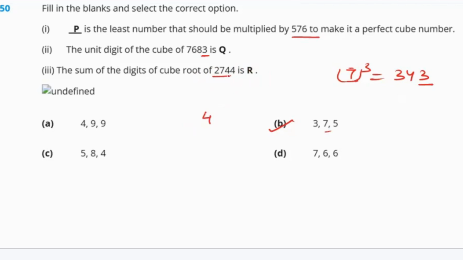So we need to check that 274 comes in which number. Okay, so 274 we can take 1 over here only. So when we are going to add 1 plus 4, we will be getting what, 5. So that's our correct answer, it has to be 5.